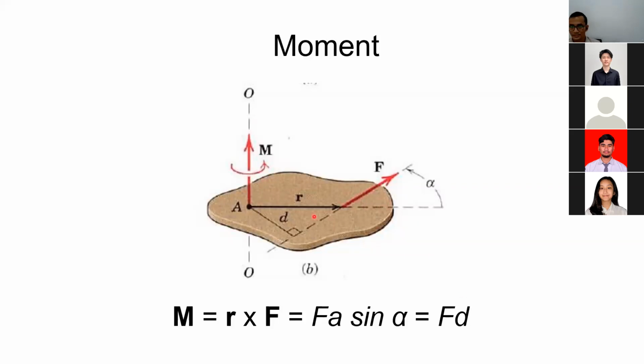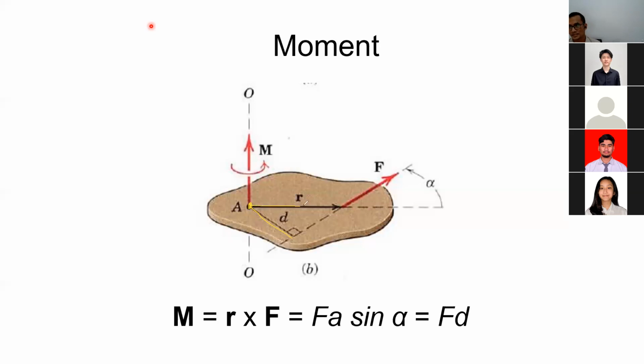So if you take a look at this, when I want to calculate it using vector form, you do not necessarily have to use the perpendicular distance as your distance vector r. You can use any distance vector which connects the center of rotation and the force vector.